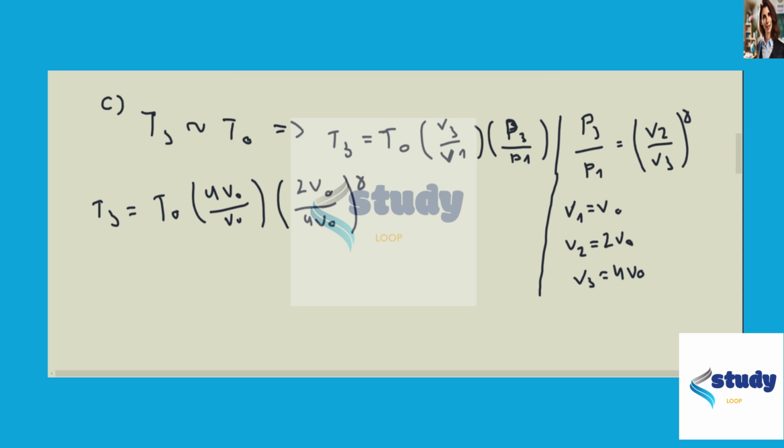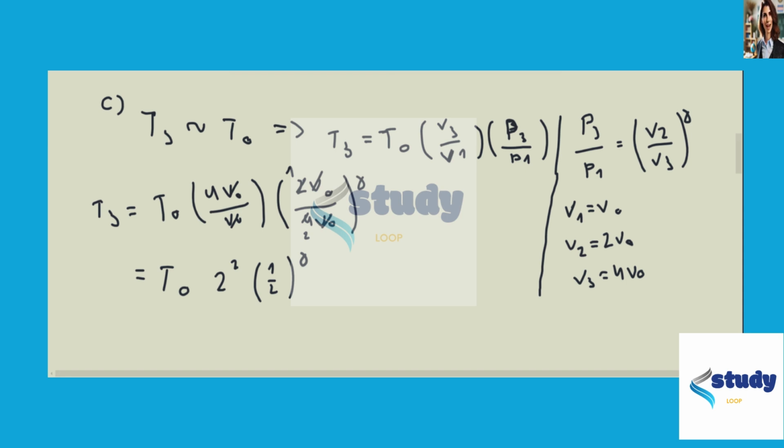Clearly, the V0s will cancel out. So this is equal to T0 times 4, but 4 can be said to be 2 squared, and there is a reason why we do this. Here we have 2 over 4, which is 1 over 2, to the power gamma. But remember that 1/2 to the power gamma is equal to 2 to the power minus gamma.